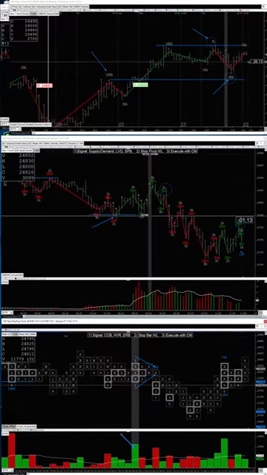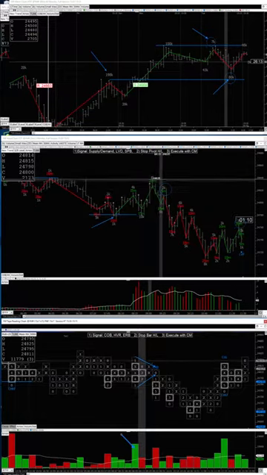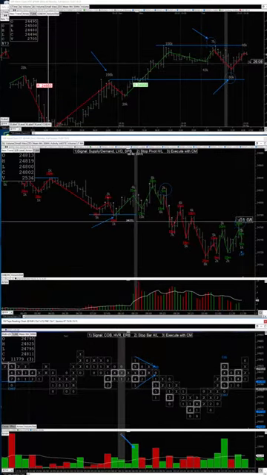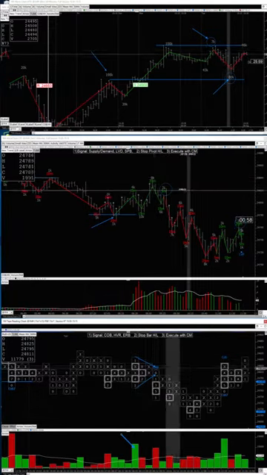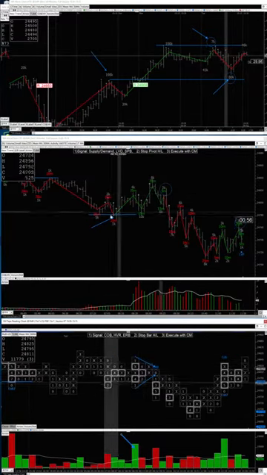So this is why the mechanical approach will not work. When price and volume is there and breakouts are occurring and the entire market is going up, it's supposed to go up, and you're supposed to get a buy signal, and smart money is going to sell that buy signal.